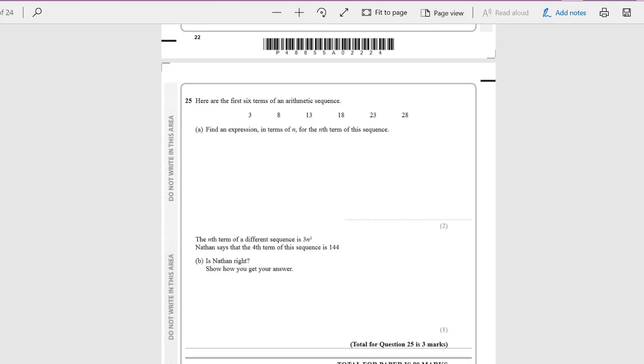And the final question, 25. So here are the first 6 terms of an arithmetic sequence: 3, 8, 13, 18, 23, and 28. Find an expression in terms of n for the nth term of the sequence. So the best thing to do is to take the differences. So 5, 5, 5, and you know they're all going to be 5 because it's arithmetic.